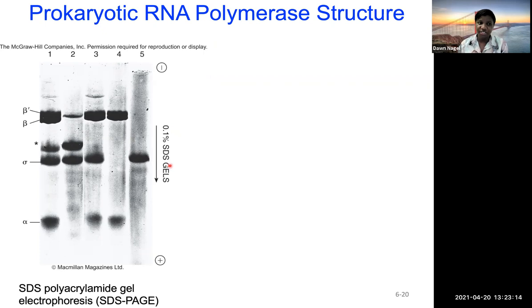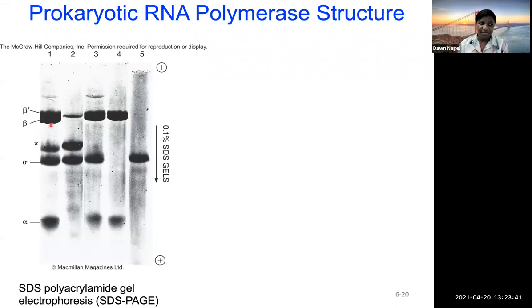So protein gels quite often are referred to as SDS gels. That's because you use this detergent to add a negative charge on the protein and also to linearize the protein so they can run through this gel. And because they're negatively charged and linear, they can migrate to this positive end and you can separate the proteins. And that's the way they separated the RNA polymerase structure.